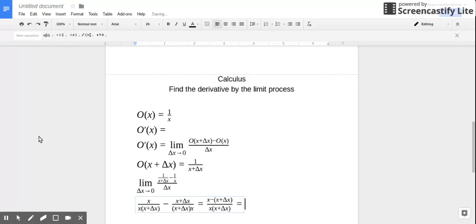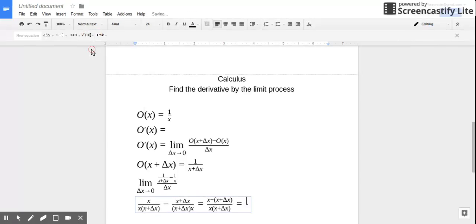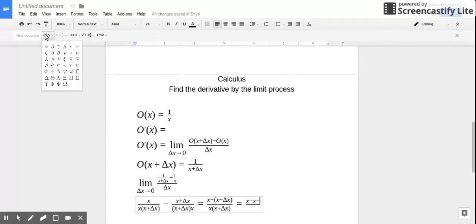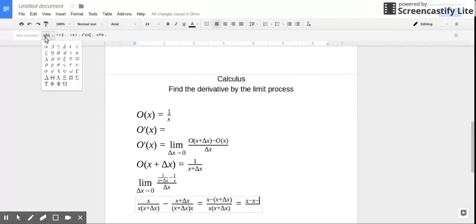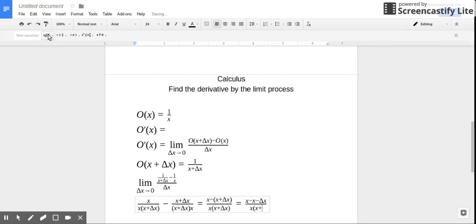Now what we need to do is go ahead and clean the numerator up. So we have x minus, distributing that negative across delta x. So it looks to me like those x's cancel out, don't they? Over, then we have x plus our delta x.